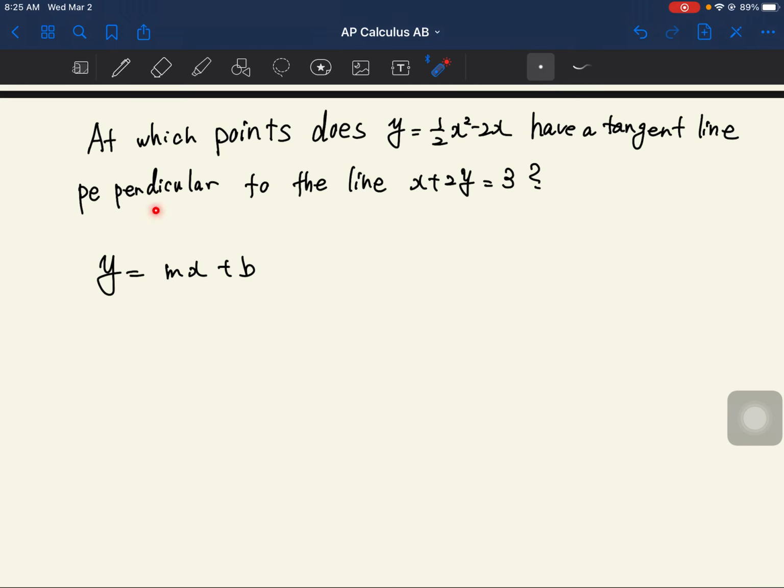So now you have an information here. This tangent line is perpendicular to the line x plus 2y equals 3. So you can take advantage of it.